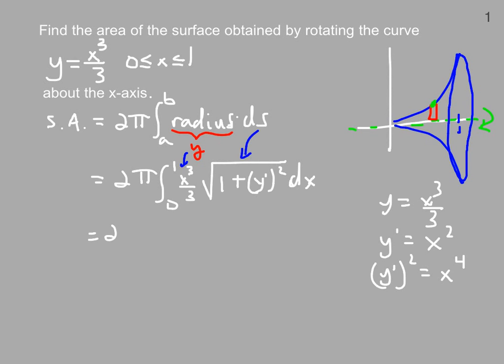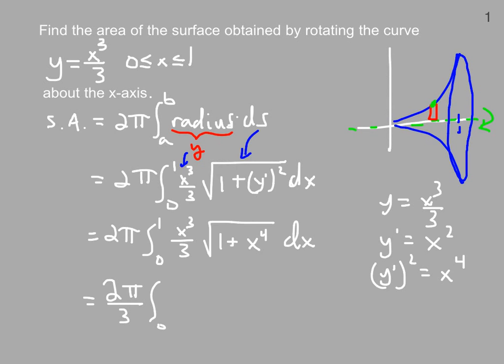So we have 2 pi, the integral from 0 to 1, x cubed over 3, the square root of 1 plus x to the 4th. Let's call it 2 pi over 3, the integral from 0 to 1, x cubed, the square root of 1 plus x to the 4th dx.